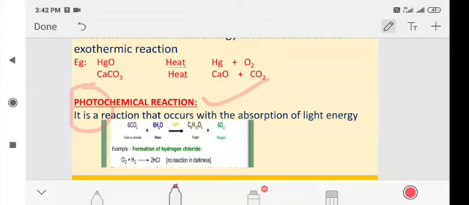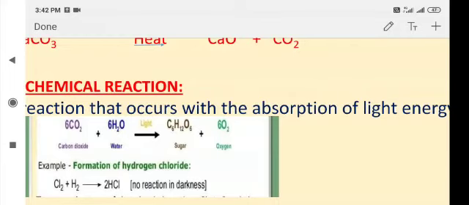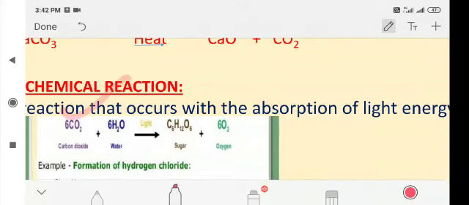Examples are on the screen. Just see the example. The first one is an example of photosynthesis. In photosynthesis, carbon dioxide combines with water molecules and forms glucose and oxygen.